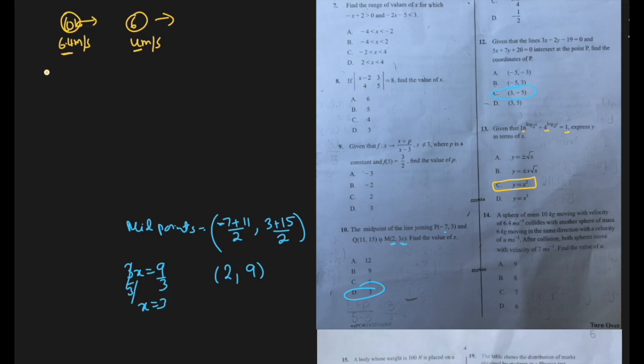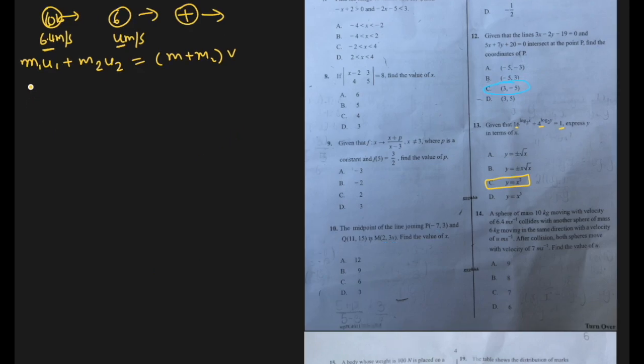So we'll use conservation of momentum in this, which says m1 u1 plus m2 u2 equal to, because they are moving together, we can combine them, and that will be the final velocity. Mass of the first body is 10 kg, u1 is 6.4 meters per second, plus m2, 6 kg.